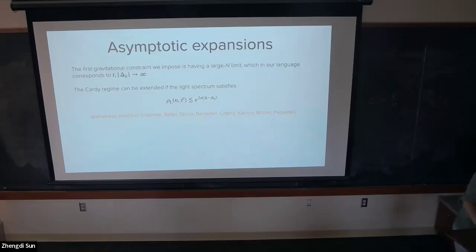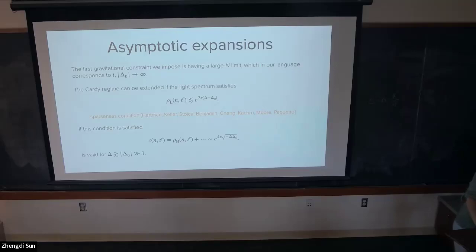We'll also refer to it as the HKS condition, and it was written down explicitly for weak Jacobi forms by these people. What they showed is that if this sparseness condition is satisfied, then I can extend this Cardy behavior all the way down to intermediate values of delta, where delta is comparable to delta 0.